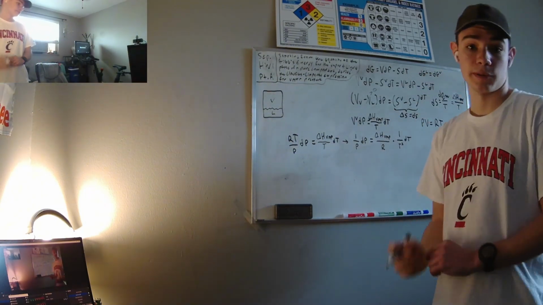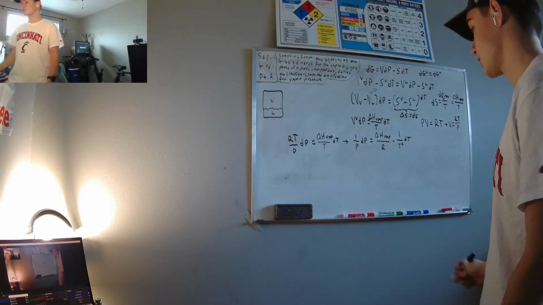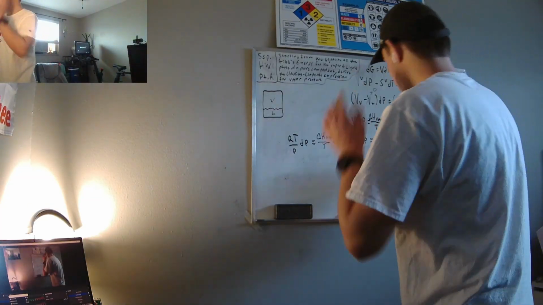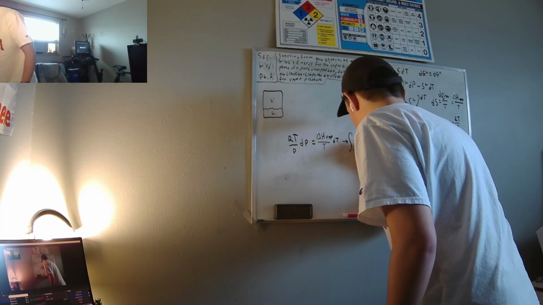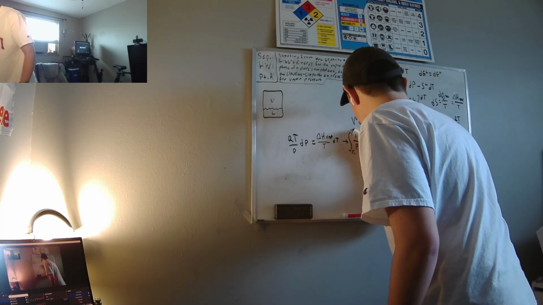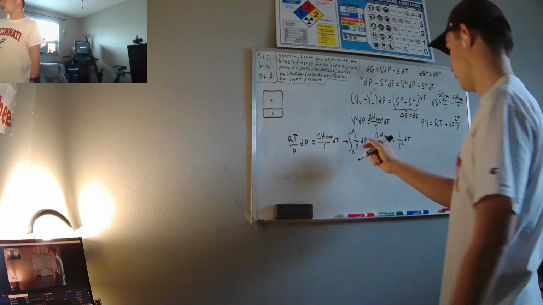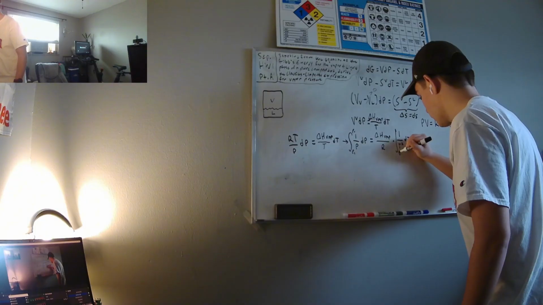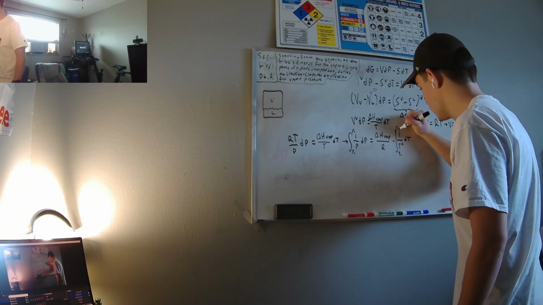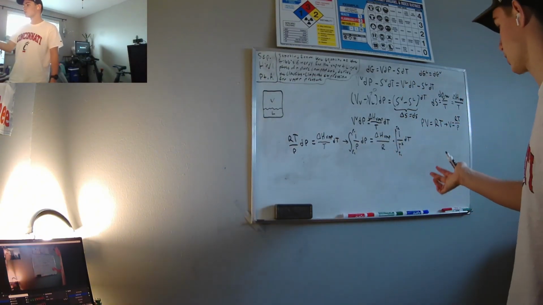Now here is an expression we can integrate to get our Clausius-Clapeyron. So we're going to go ahead and take the integral from P1 to P2 over our P and the integral from T1 to T2 over our T expression.